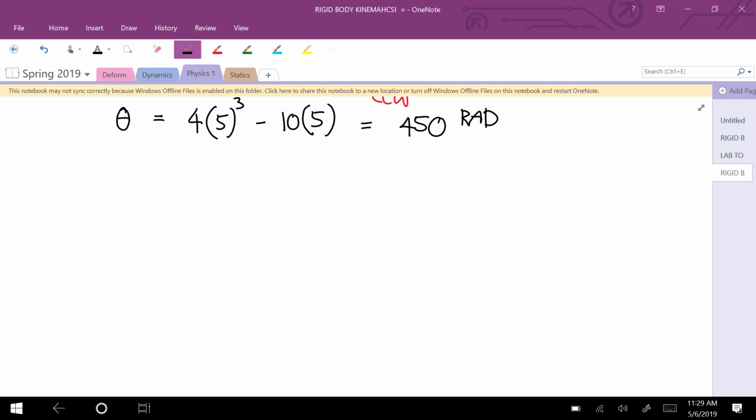That's too big. So it's going to be 450 divided by 2 pi without the remainder. 71.69, and then 0.61.